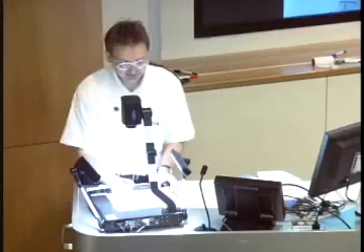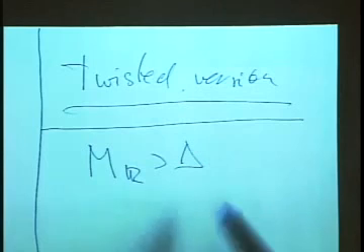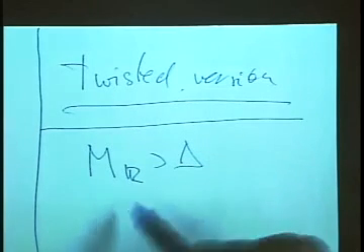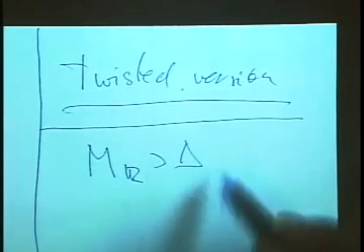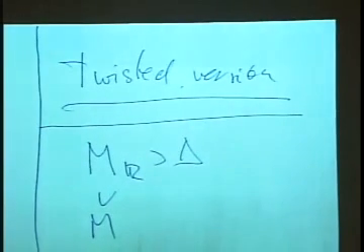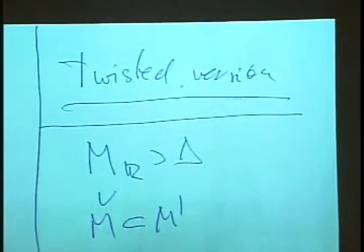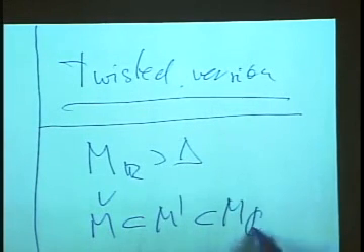The twisted version of all this appears in the following situation. We can change the lattice. So let me explain. We have a polytope, and it has vertices in a lattice M. We can change the lattice in the sense that we can take a larger lattice, which is also still a rational lattice.